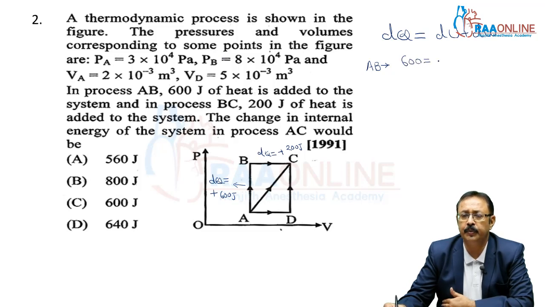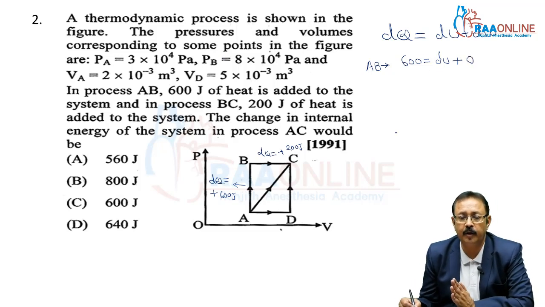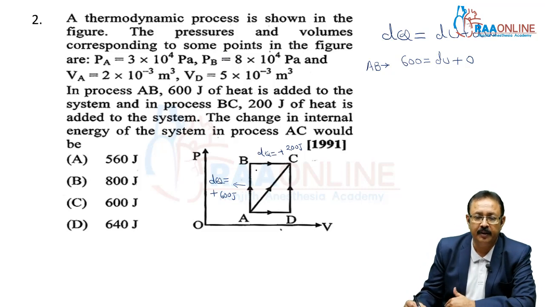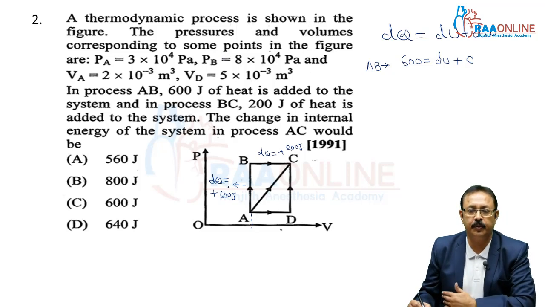What is du? We have to calculate. dw is 0. Why dw 0? Because when you are moving from A to B, your line is perpendicular to the volume axis, meaning volume at A and B are the same. So change in volume is 0, so from A to B work done should be 0.